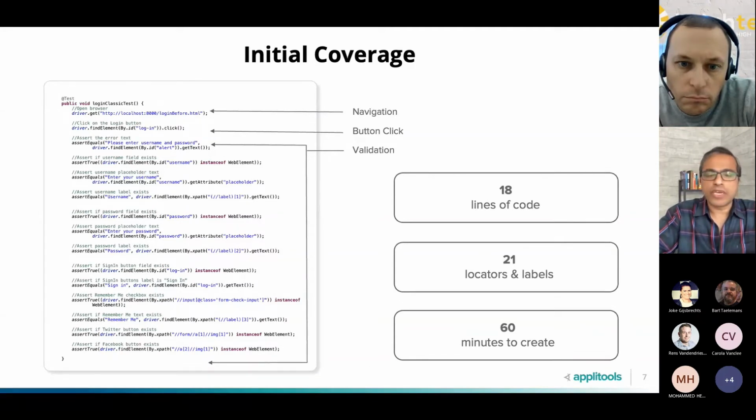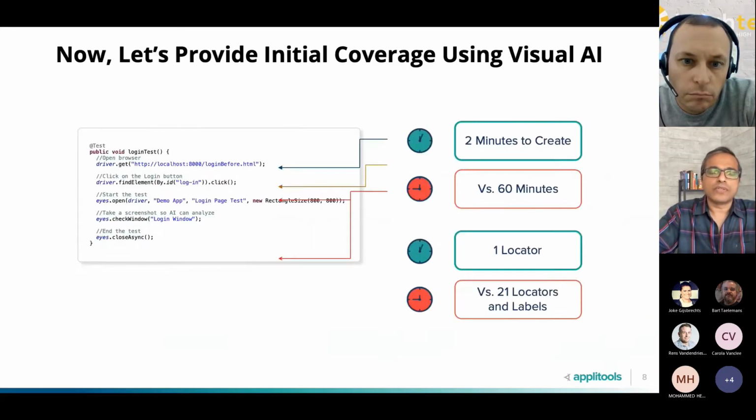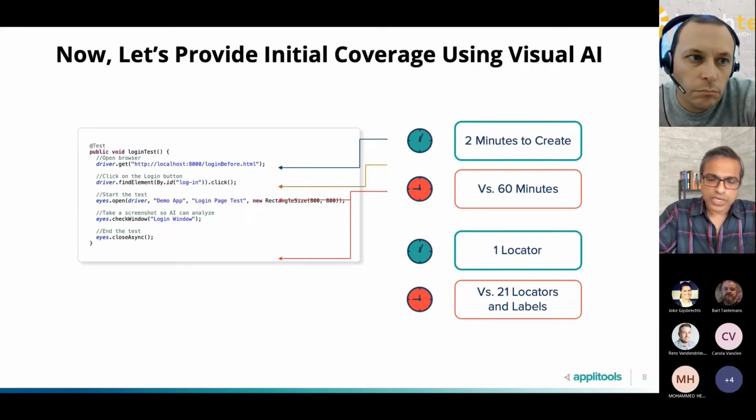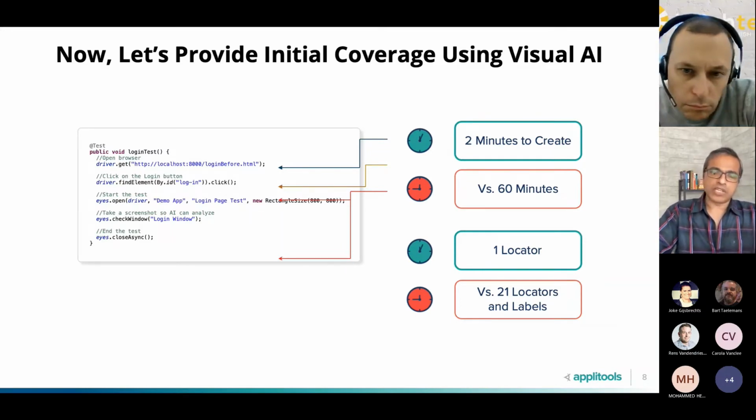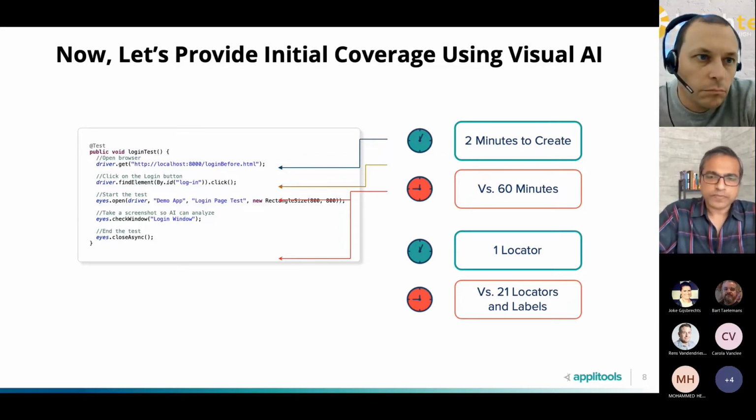There is one navigation, one action, and then there is a lot of validation code that you write. And this takes a long time to implement. However, if you use Applitools Visual AI, all the validation code can be replaced with a single line to Applitools, and Applitools will take care of the functional and visual validation for you.